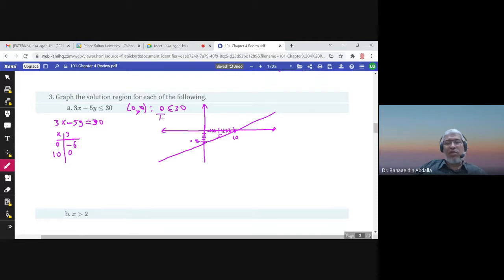Is that true? And the answer is yes. So the solution of the inequality would be the side above the line. So this is the solution of the inequality, this part.